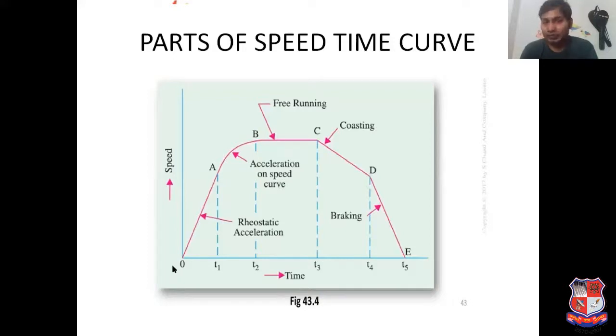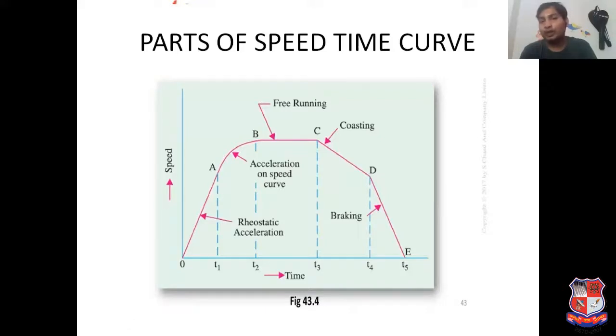And then after reaching a certain maximum value, the train will keep on moving at the same speed for some time, and that duration is known as free running time. So here T2 to T3 represents the free running time period of the speed time curve.